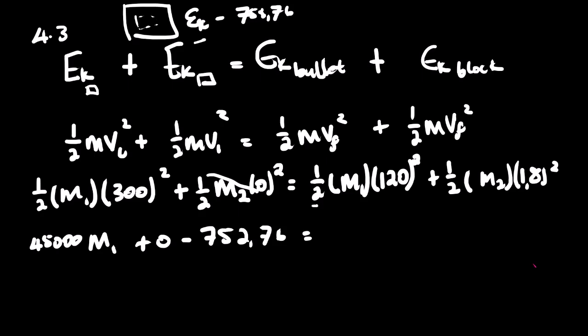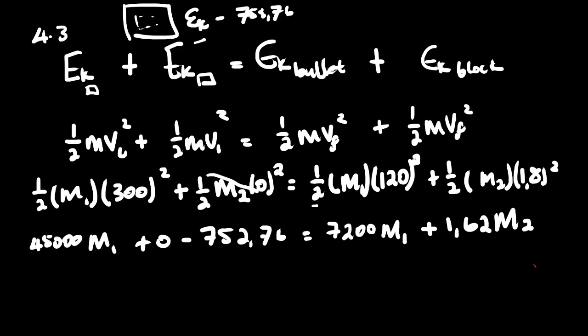We have half multiplied by 120 squared. We get 7,200 m1, and then we have plus 1.62 m2.